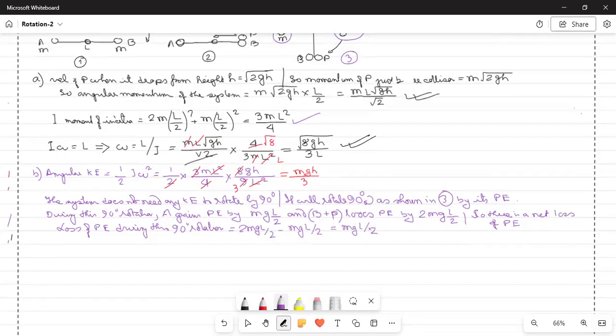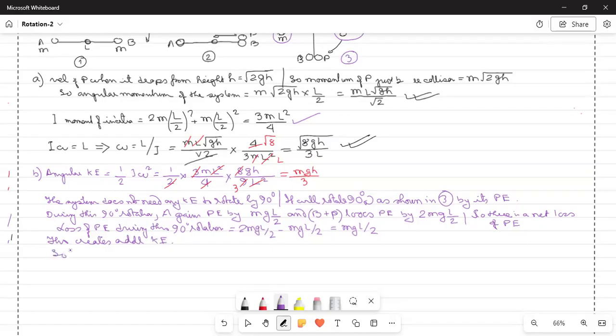This loss of potential energy, where does it go? This potential energy gets into the kinetic energy of the system. It creates additional kinetic energy.